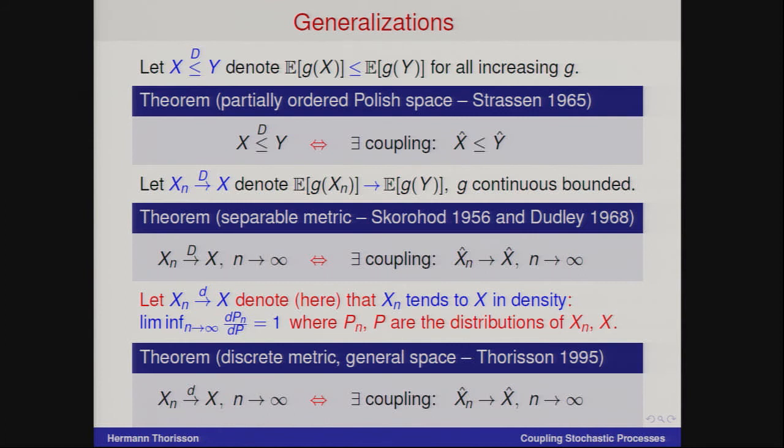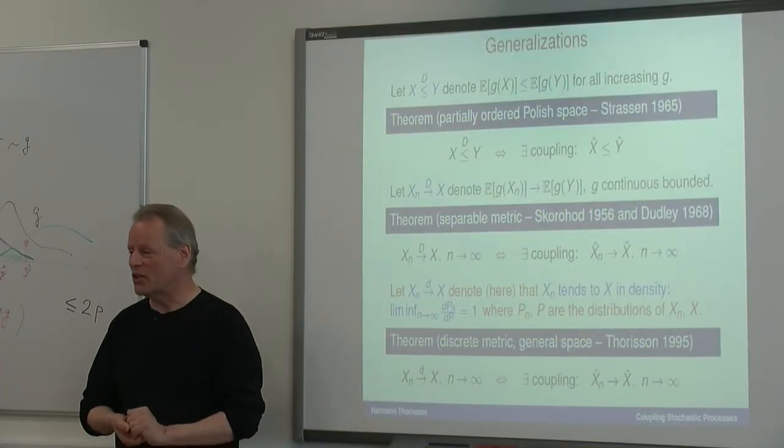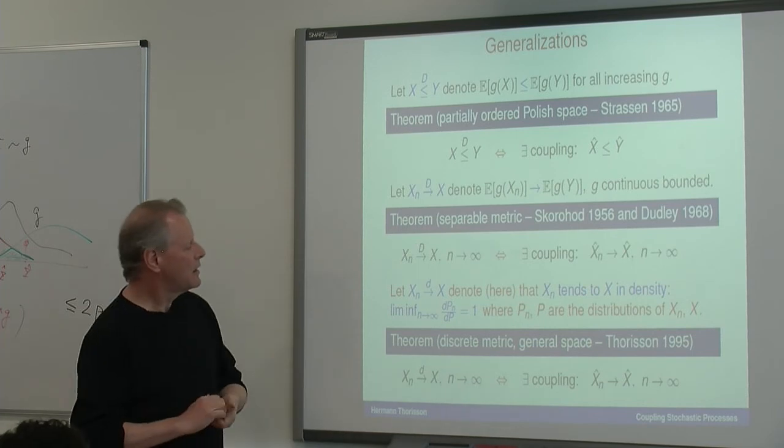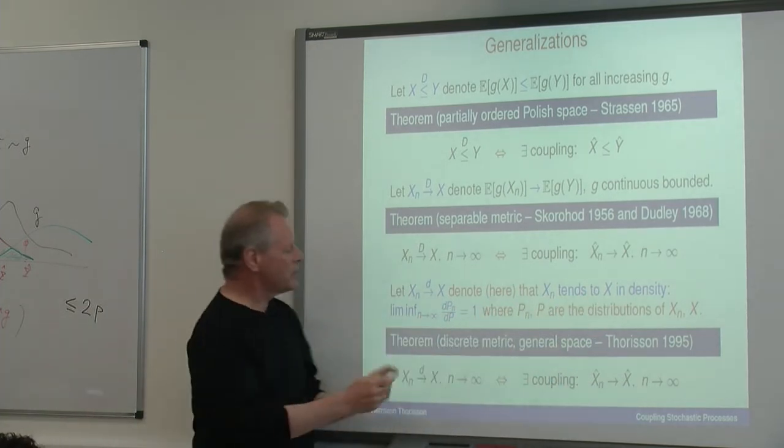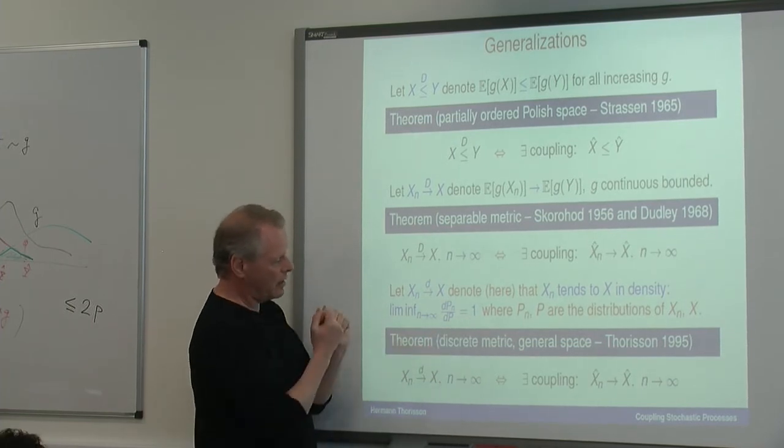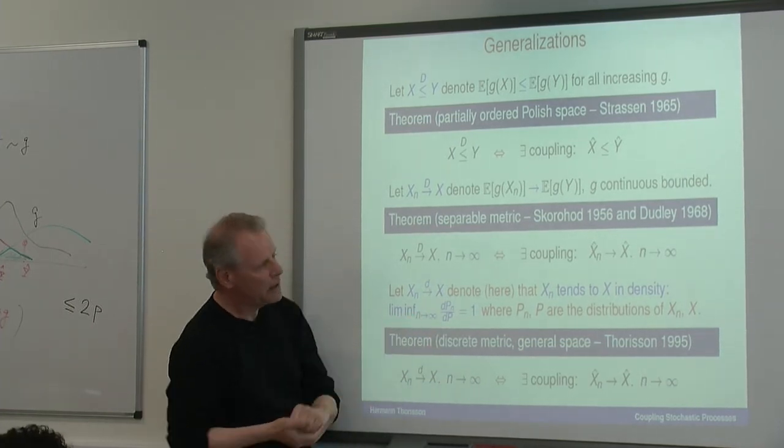It's a completely general space. There's no restriction on the space. You can have the discrete metric on a general space. So let this denote that xn tends to x in density, which means this. And what does this mean?